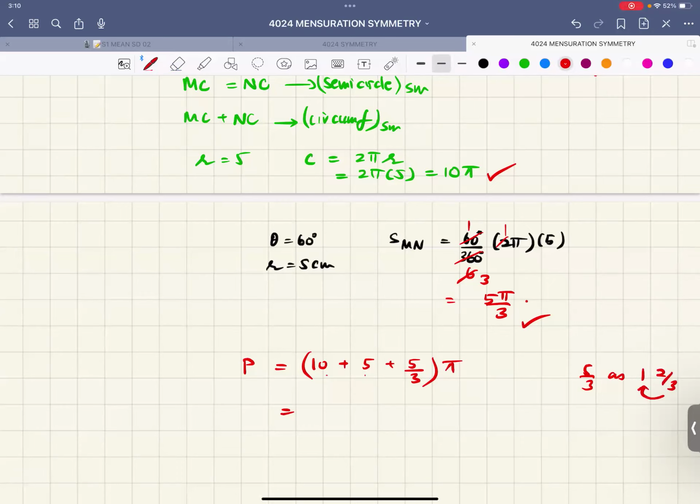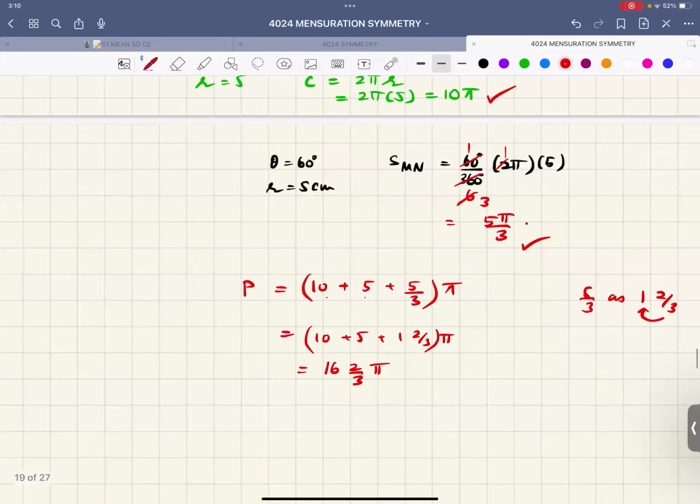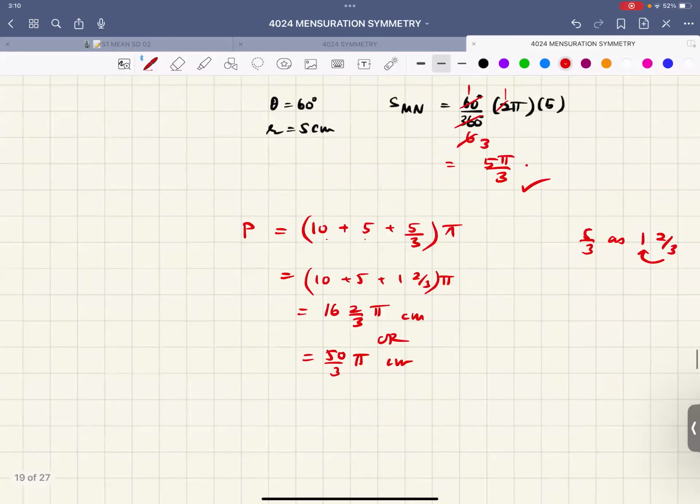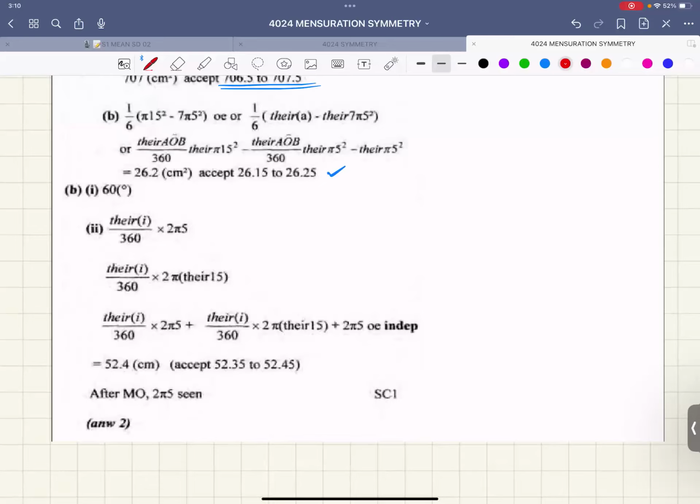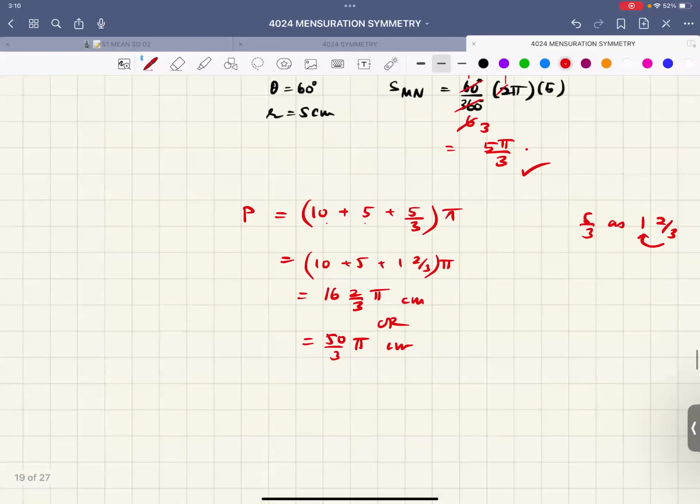So therefore, 10 plus 5 plus 1 2/3 pi. So this comes out to be 16 2/3 pi, which can also be written as 50 over 3 pi, and this is in centimeters. Both options are possible. Then you can use the calculator and you will get this answer.